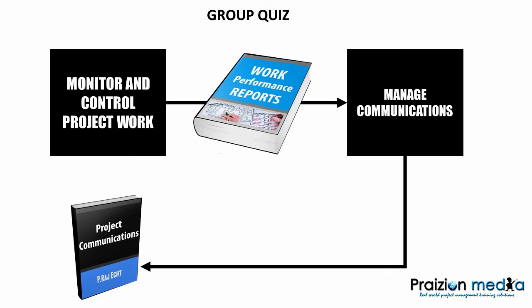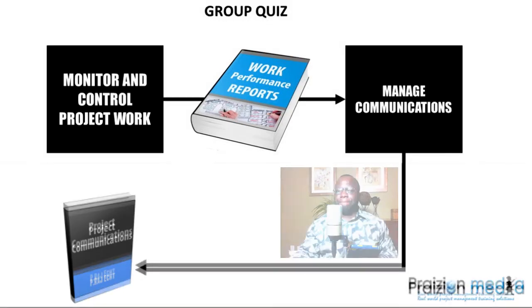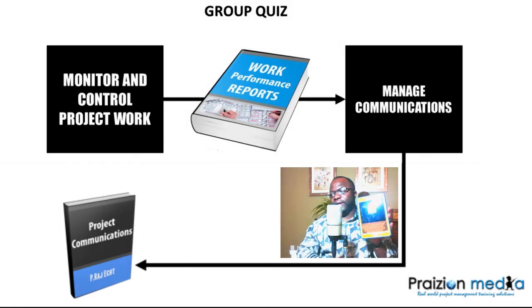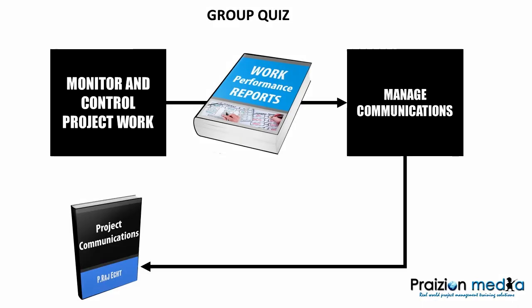Now, why don't we take a look a little bit closer and see what exactly is happening in these two processes in some more detail, and that means we need to open the PMBOK guide. But today, I'm going to open it on my tablet. So why don't we do that? Let's open up the PMBOK guide.